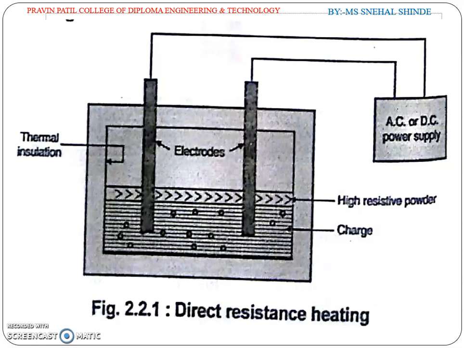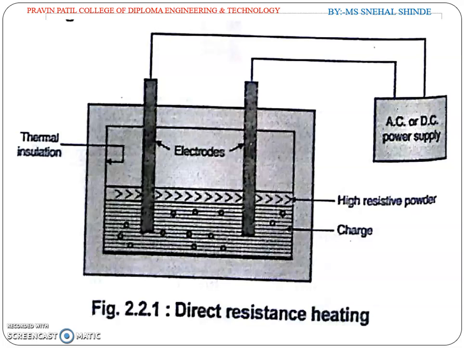The charge may be in solid or liquid form. Two electrodes are immersed in the charge. If the charge has a very low resistance, the two electrodes may cause a short circuit, so a high resistance powder is generally sprinkled over the charge.